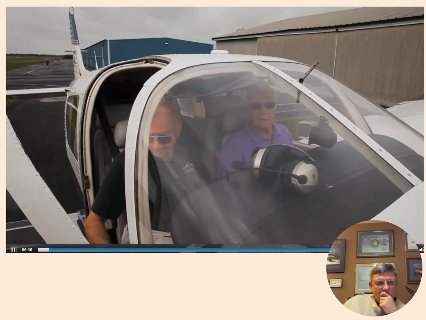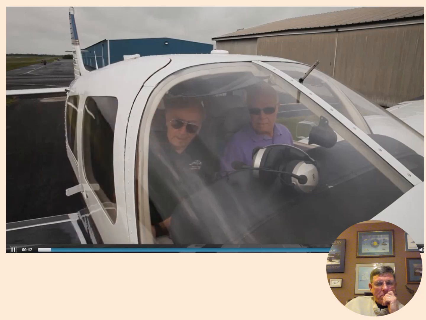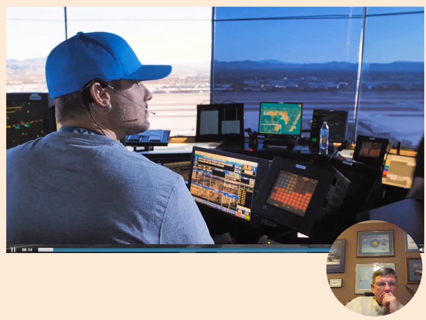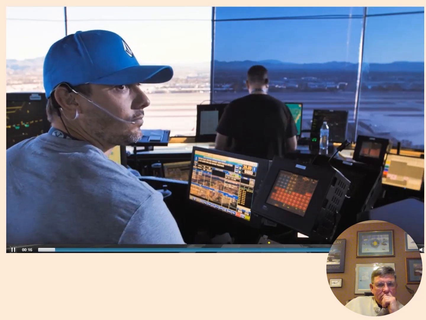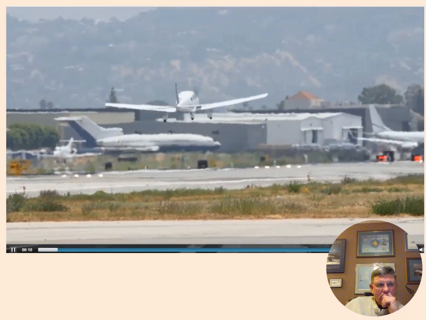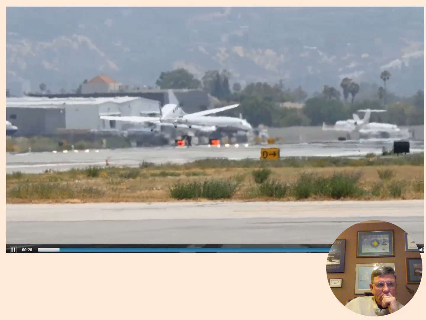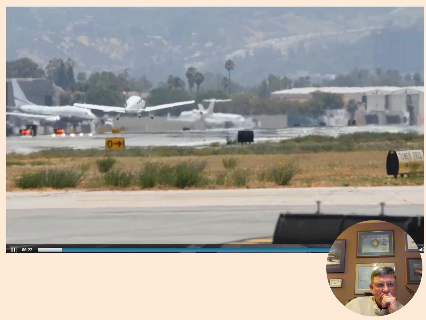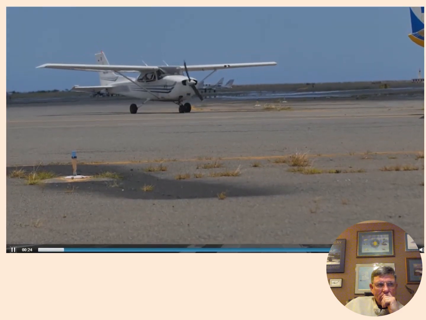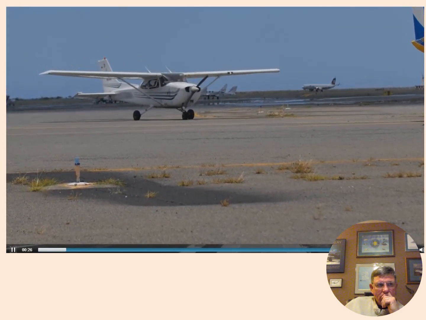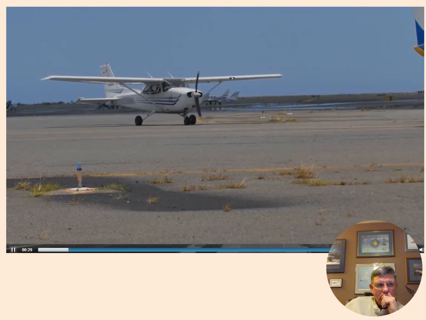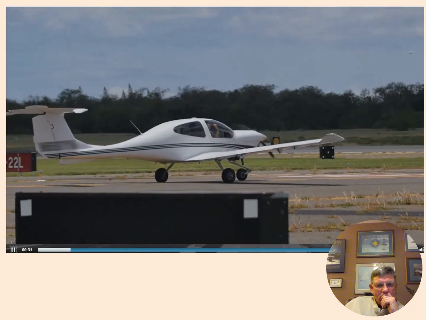Effective communication between controllers and pilots can be improved by the mutual understanding of each other's operating environment. It also requires knowledgeable understanding of the roles and responsibilities on both sides of the mic. Air traffic controllers give instructions with the expectation that the pilot is able to understand and comply, or that the pilot will advise if they are unable to do so.